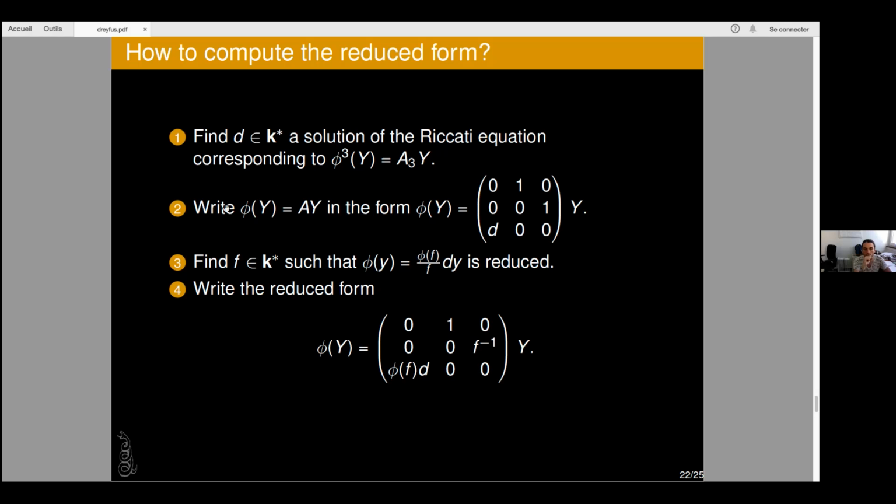And then you can prove that your equation is equivalent to this equation. And if you look at it carefully, this equation is just equivalent to phi to the 3 of y equals dy. So it can look complicated, but in fact, it's a phi-free equation of order 1.